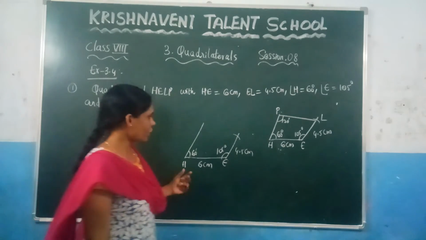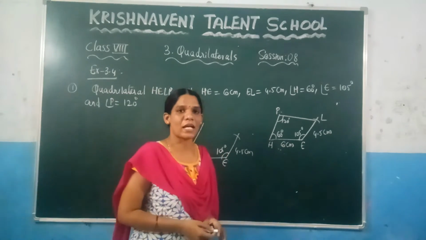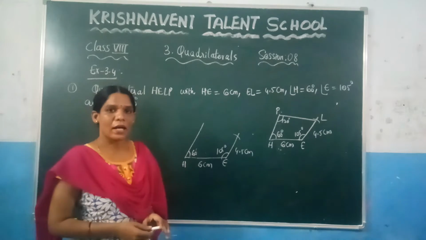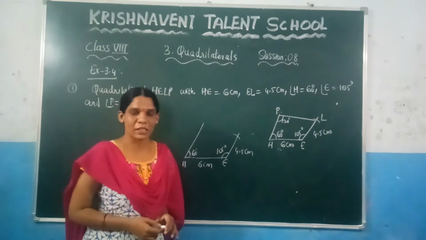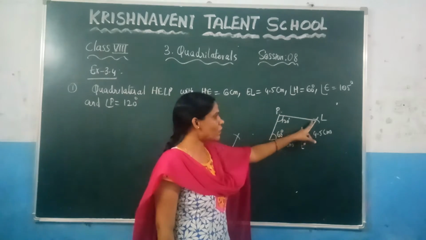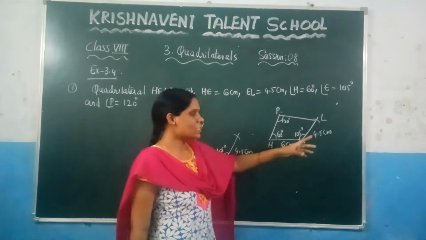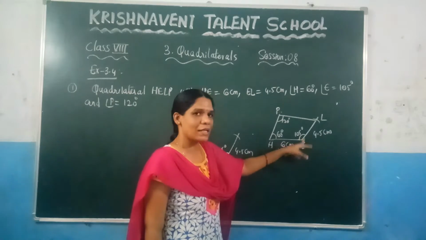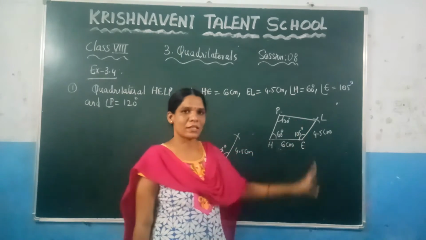So now you have to use the sum of the angles of the quadrilateral, and you know that the sum of the angles of the quadrilateral is 360 degrees. Since we know 3 angles, you can find the other angle. How do you find it? You just add these 3 angles and subtract from 360, right?